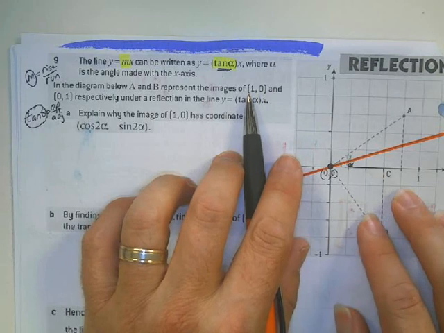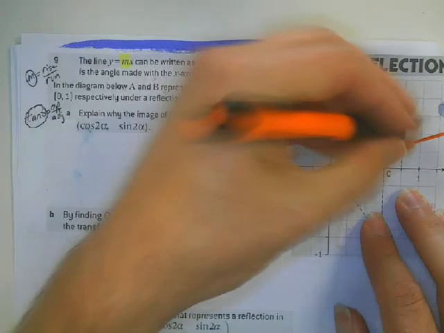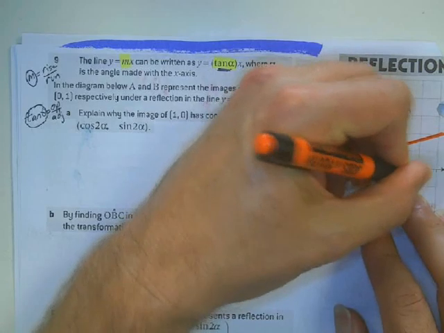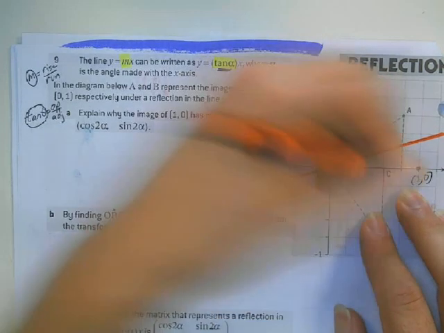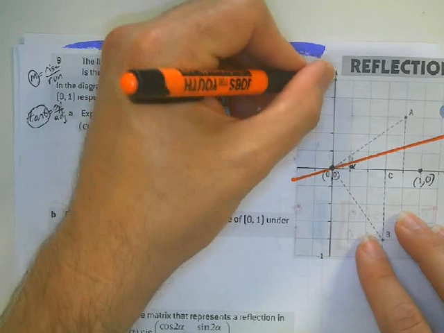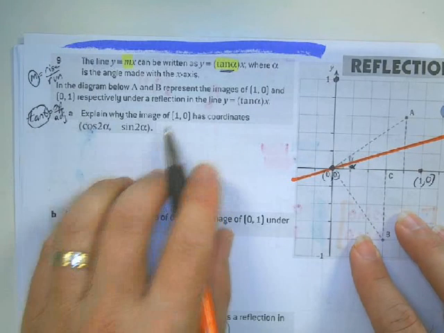we've got the image 1, 0. This is 1, 0, and we've got the point 0, 1.